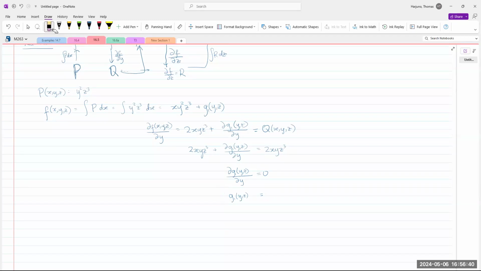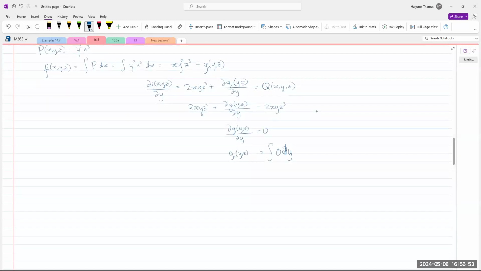I want to say that g1(y,z) will be the integral of 0 dy. Now, what is the integral of 0 dy? Is it just a constant? Actually, it's more than that. Notice that it may also be a function of z, right? So this is a function of z only.